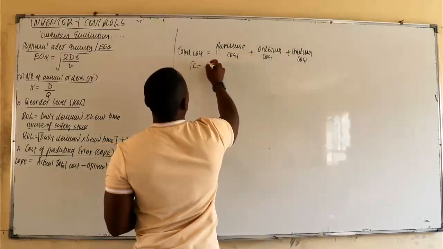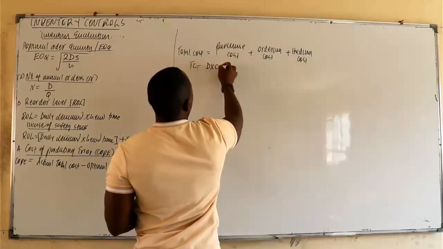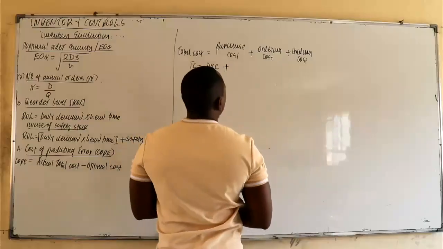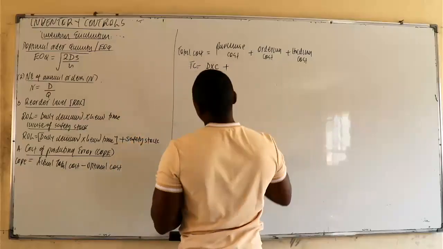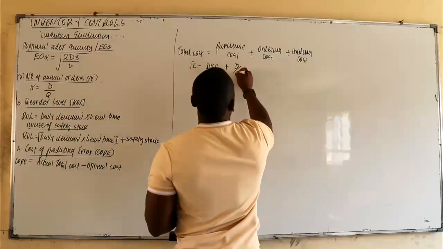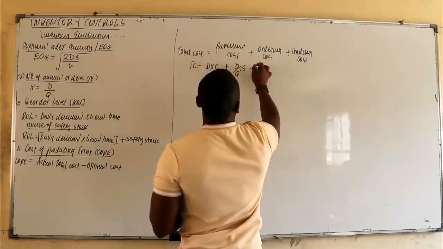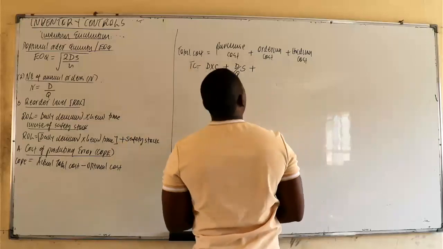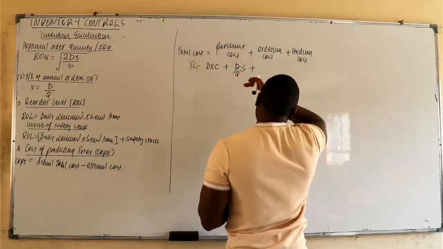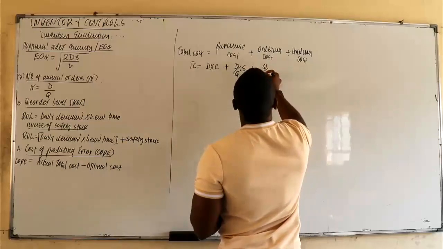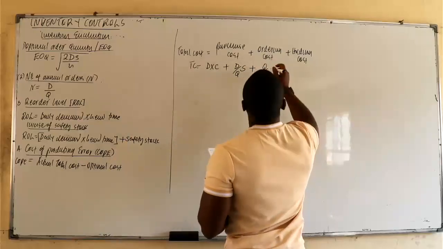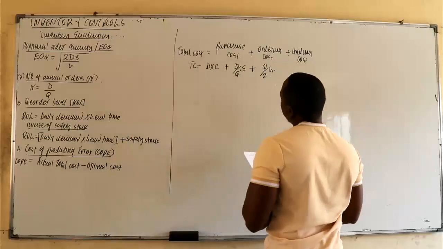To get the purchase cost, you take annual demand, you multiply by the cost. To get the ordering cost, first of all, you get the number of orders, annual demand over Q, multiplied by the fixed ordering cost, then you add the holding cost. So to get the holding cost, you take the EOQ divided by 2 to get the average, and then you multiply by the holding cost.